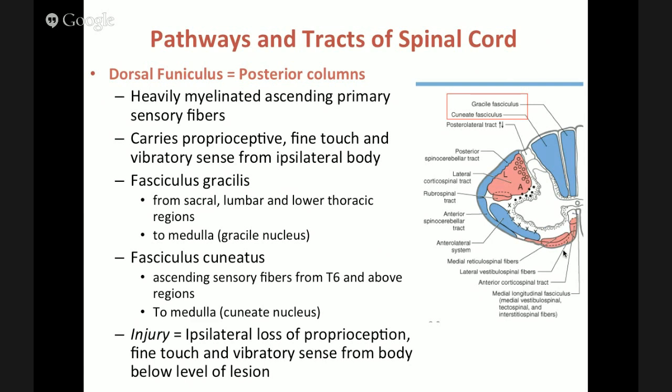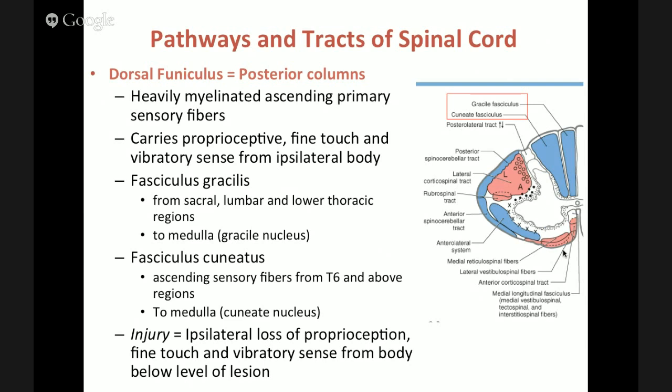So the most sacral segments or dermatomes are represented most medially, and then each one more laterally as you get up to about T7. And then the fibers, for reasons that I don't understand, I don't know if there is an explanation for why a second tract is created, but essentially about T6, the fibers then start to create the fasciculus cuneatus.